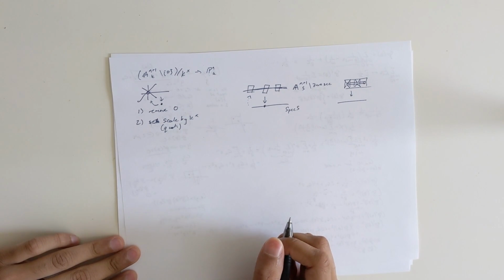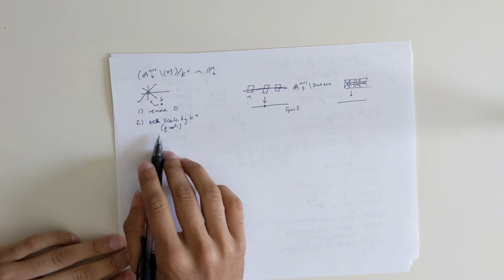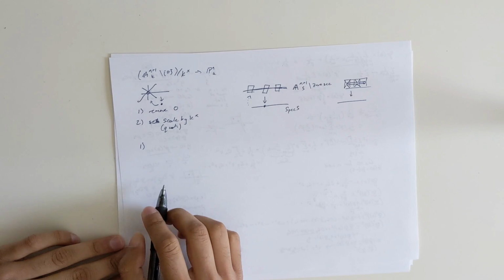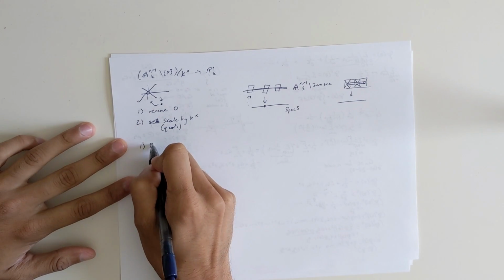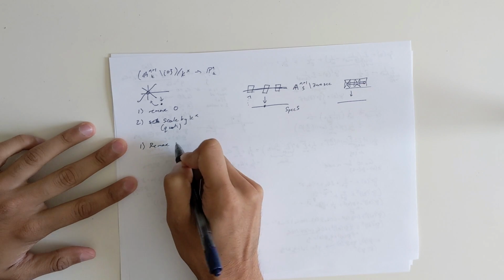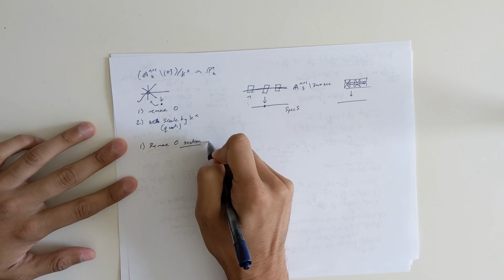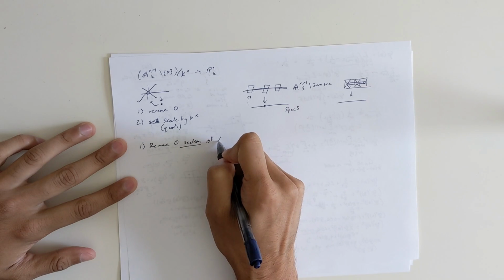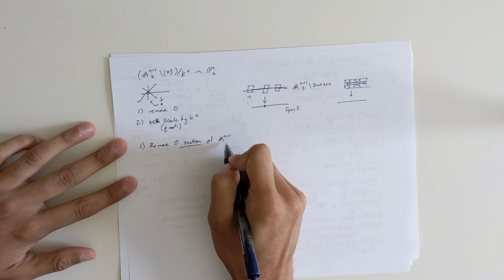Okay, so how can you do this? Well, first I should say you can rephrase these two things. So now the first step should be remove 0. What that means is remove the 0 section of the n plus 1 affine space bundle over S.